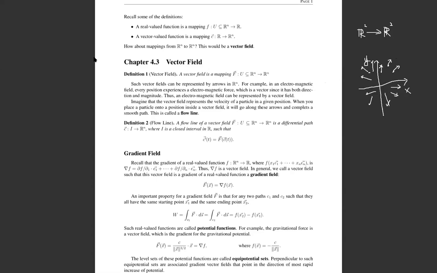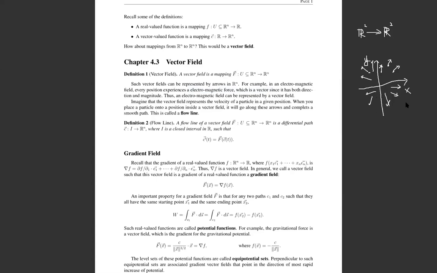So in physics, we have a lot of such examples. For example, an electromagnetic field, each position will experience an electromagnetic force, which is a vector because it has both direction and magnitude.